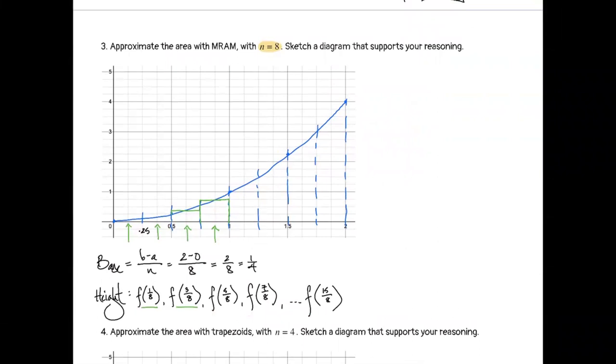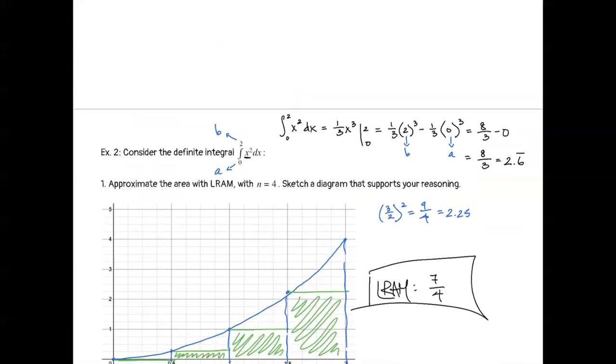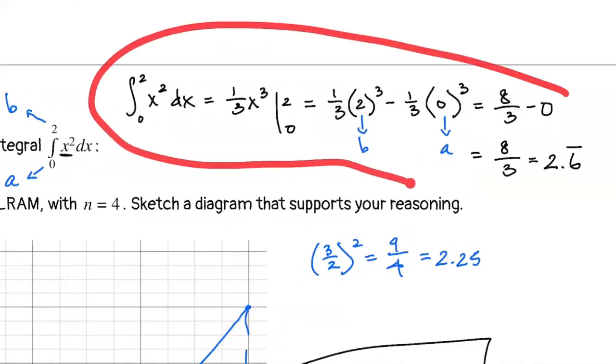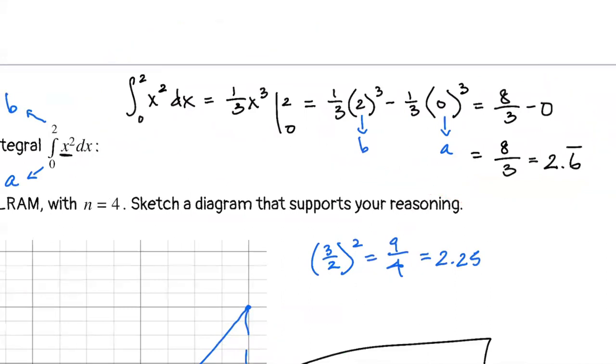So we've got our LRAM, we've got our RRAM, we've got our MRAM, different kinds of approximations. And they all compare to what we're going to be talking about in 5.2, which is this thing up here. And just to put a name on it, this is called a definite integral.